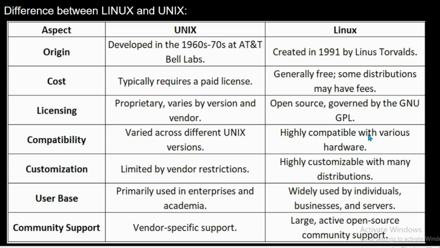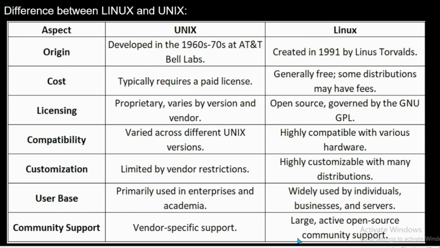It is highly compatible with various hardware. It is highly customizable for many distributors. It is widely used by individuals, businesses, and servers, and it has large open source community support. So Linux is the advanced version of Unix. Unix is the older one.